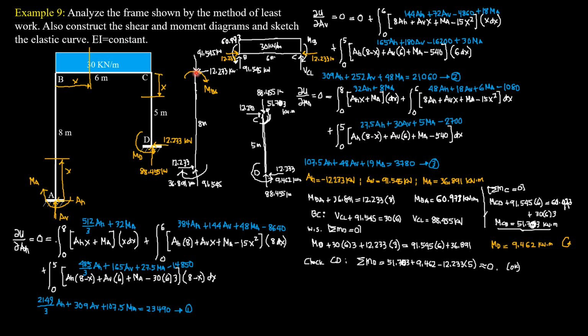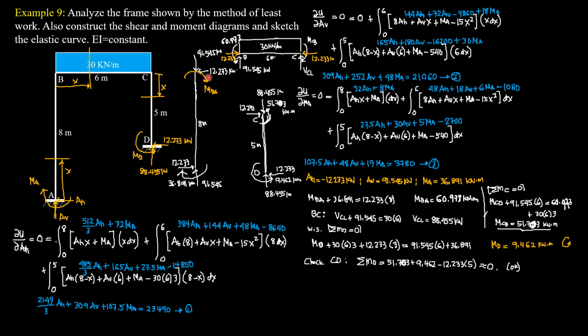So summation of moments about B equals 0: MBA plus 36.891 MA equals 12.233 times 8.